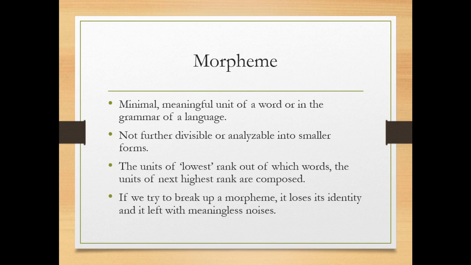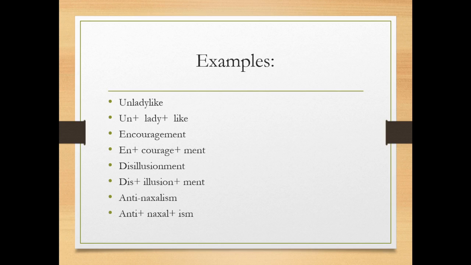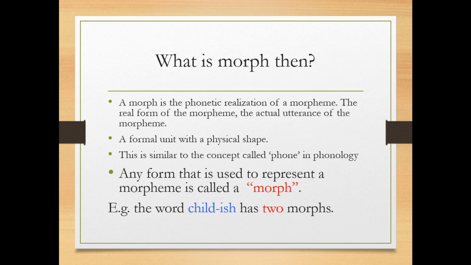We cannot divide go further. If we break it, g or o, we are left with meaningless noises. It has no meaning. Look at the examples of morpheme. Unladylike. Un is one morpheme, lady is another, and like is another. Encouragement. Disillusionment.